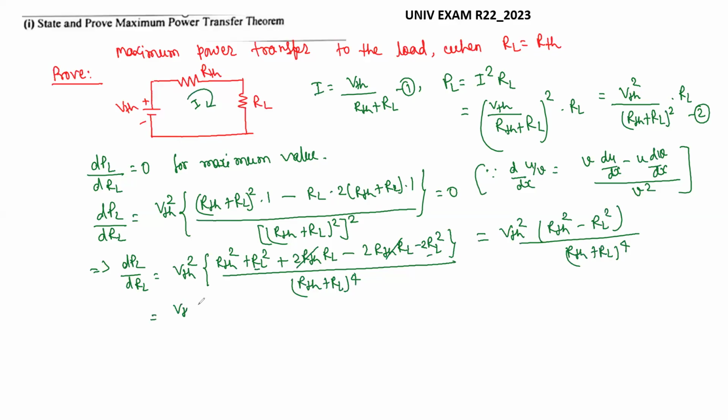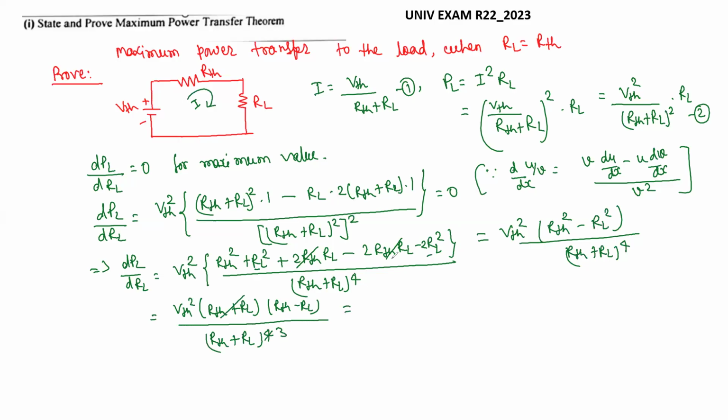We have BTH square, and you'll get here (RTH + RL) into (RTH - RL), and this overall is divided by (RTH + RL) to the power 4. So finally, one (RTH + RL) will be cancelled, so we'll get here power 3.